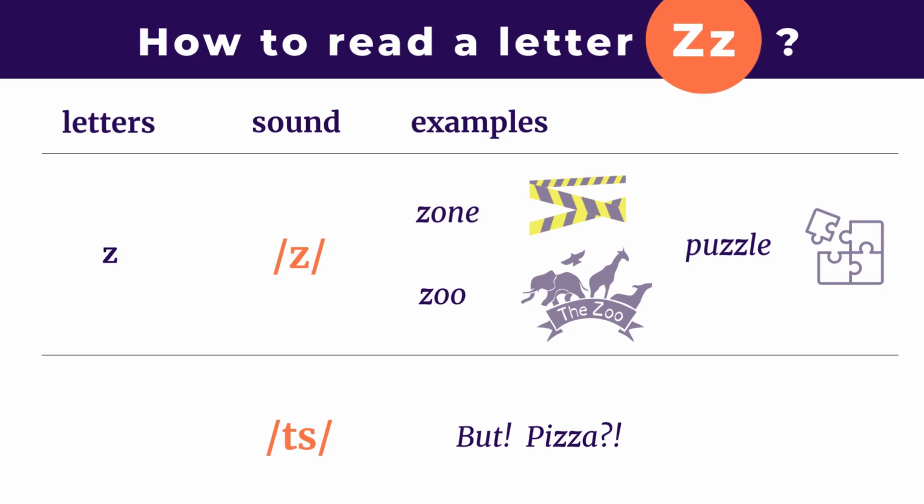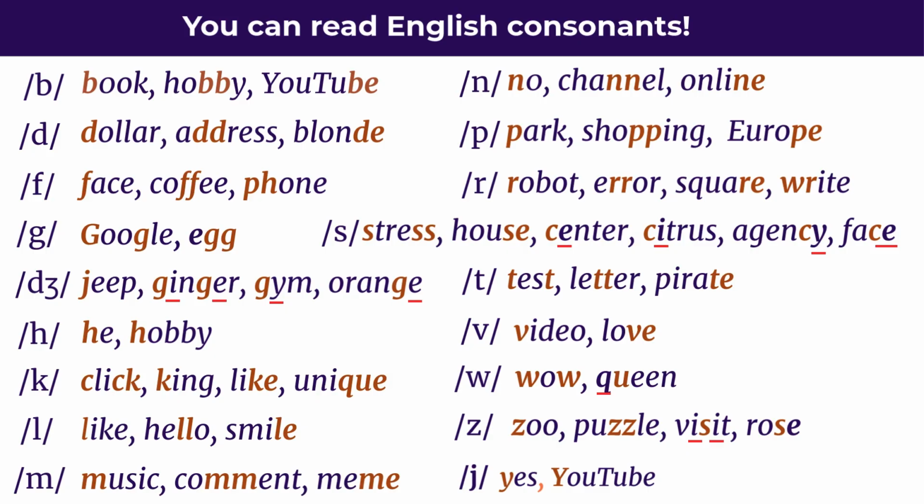This is interesting. In some Italian words, Z makes ts sound. Pizza, for example. Thank you for the pizza, Italy. Great work! Now you know all these English consonant sounds. Try to read them by yourself. Then I will read them with you.